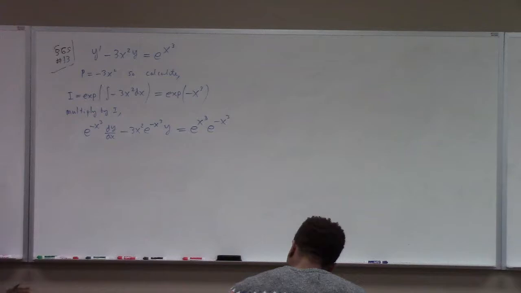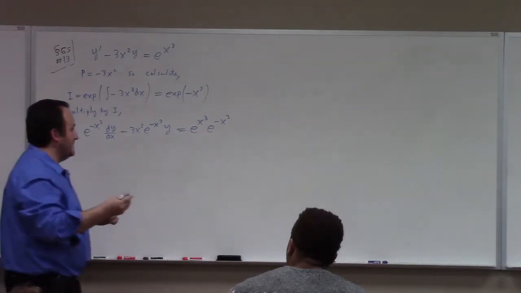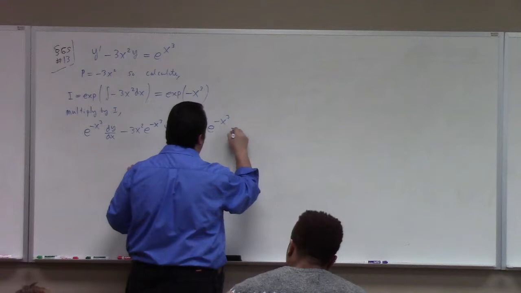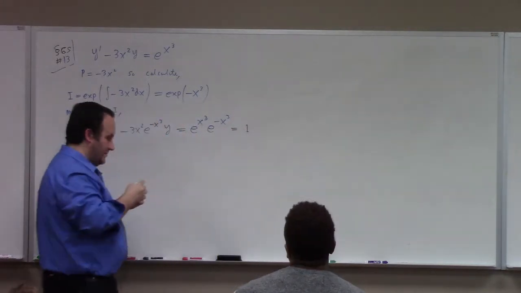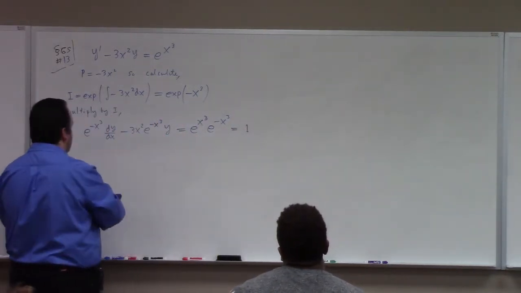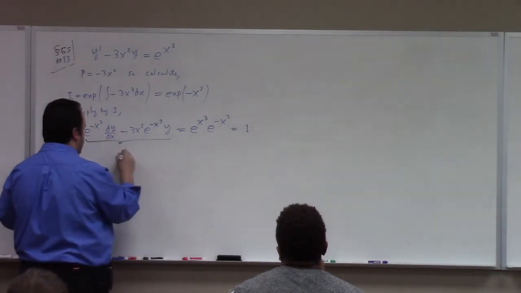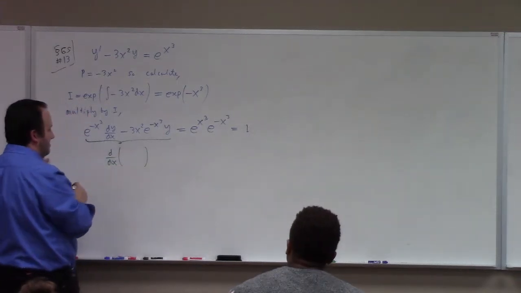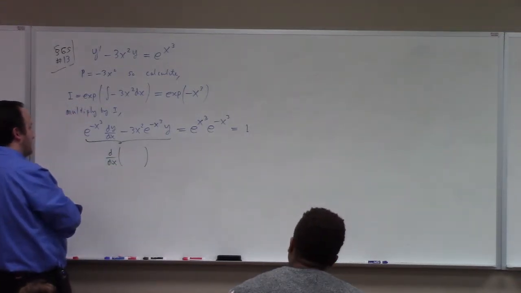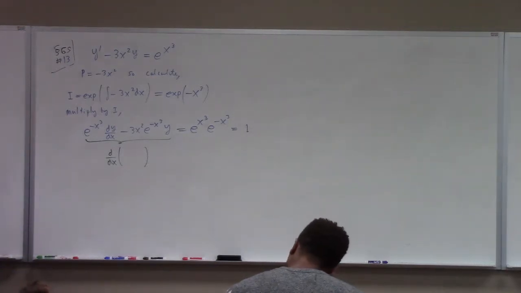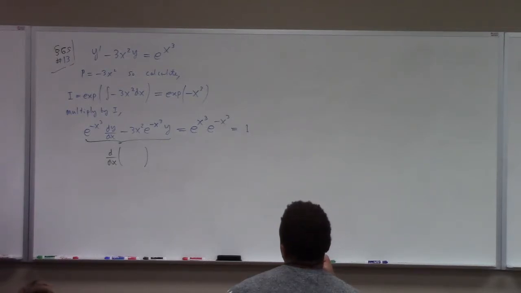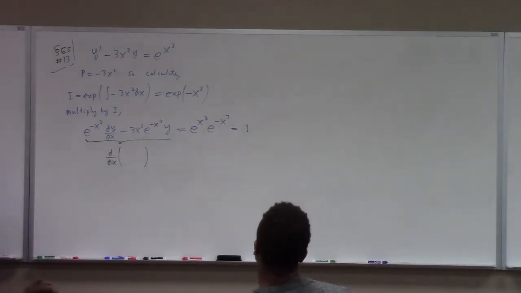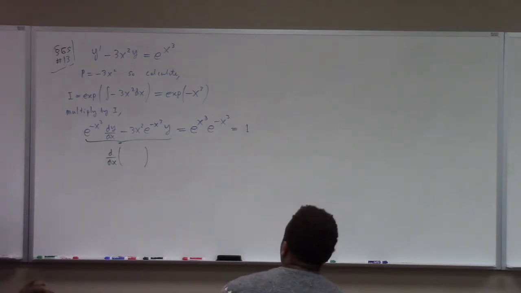So you guys, you can simplify the right-hand side here, right? It's just 1. And Prince, can you tell me what this is here? Negative x cubed y.